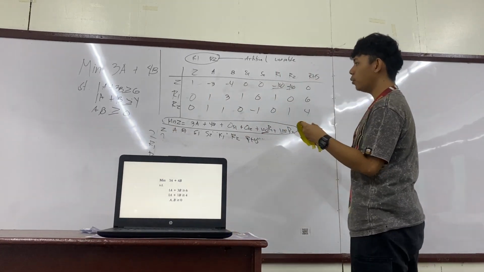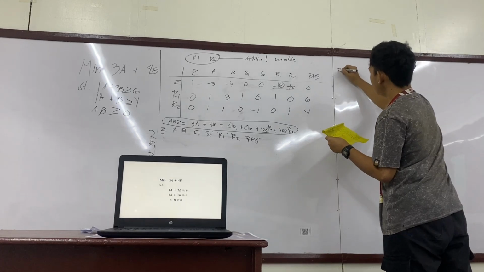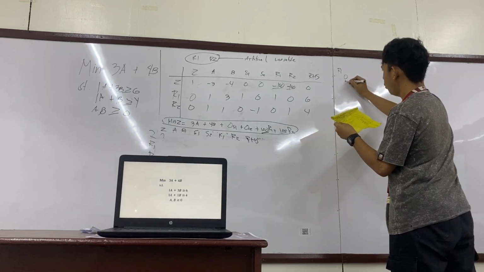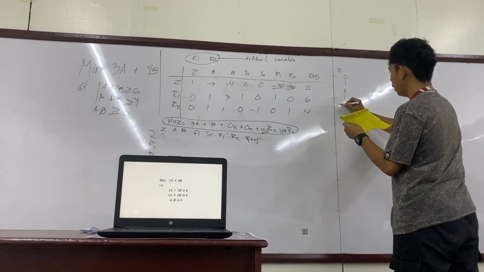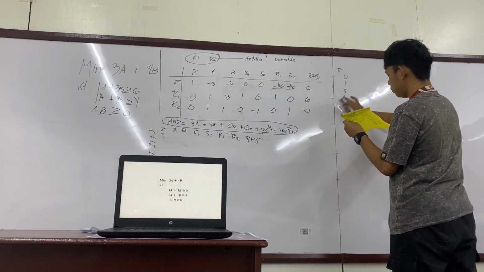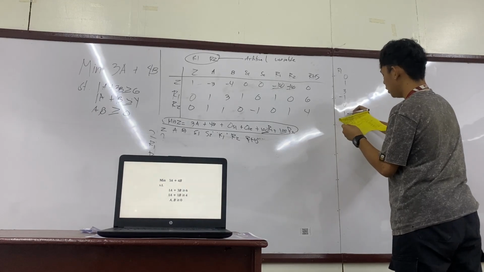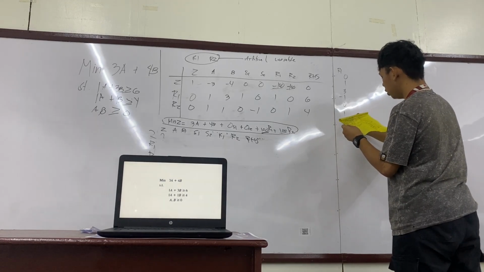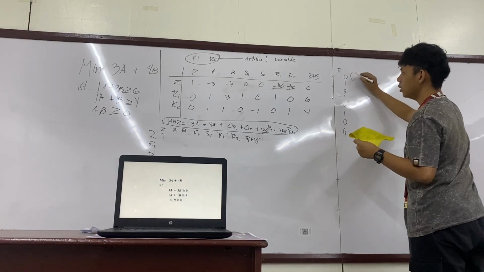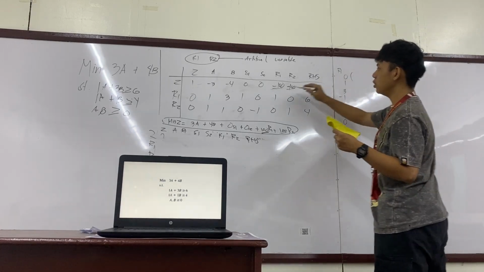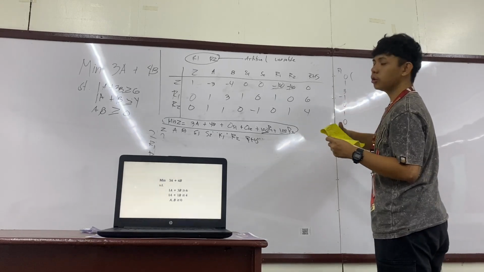So let's copy the R1, which is this. R1 here: 0, 1, 3, 1, negative 1, 0, 1, 0, 6. Then we multiply it by the highest, which is 100, but we change it into positive.